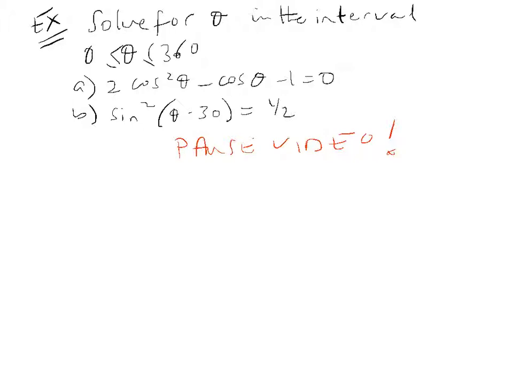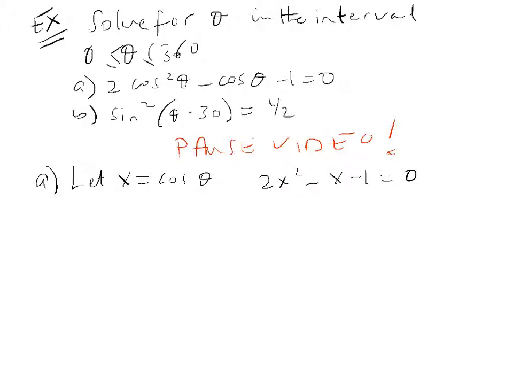Okay, welcome back. Let's go and have an attempt at the first one. So we've got 2 cos squared theta minus 1 is 0. Again, you could just do the whole thing in terms of cos theta, but I'd like to simplify where I can. So I'm going to say let x equal cos theta. And now my equation becomes 2x squared take away x take away 1 equals 0.